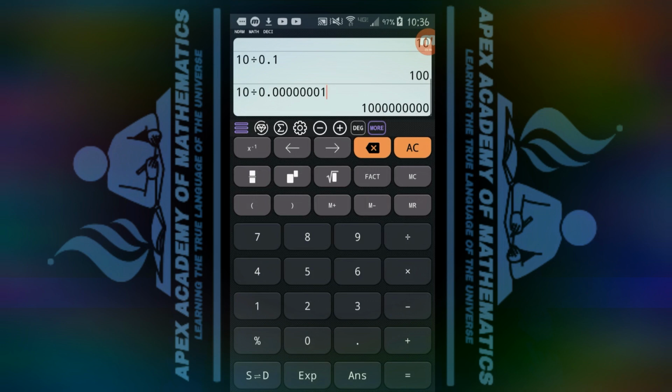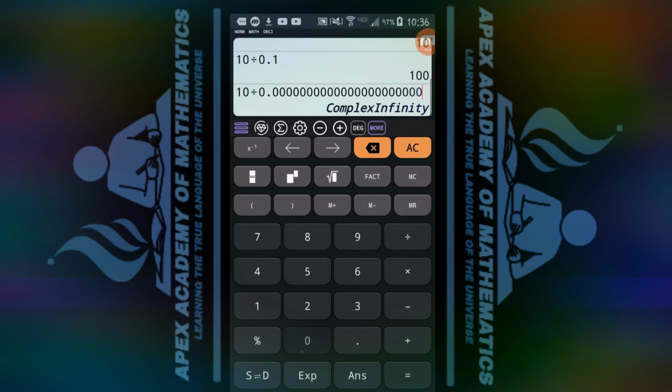But what I noticed on the calculator screen, as I was using a scientific online calculator app, is that with the amount of zeros that I am pressing, there's this thing that keeps popping up: complex infinity. So 10 divided by 0.0, look at that word that keeps popping up on the screen, complex infinity.